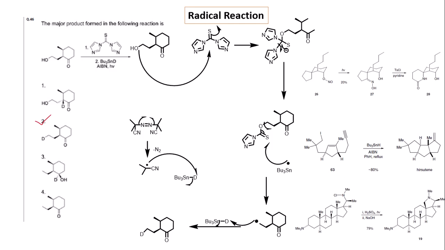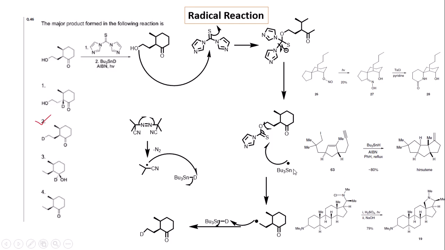Next is the radical reactions. In these radical reactions, different types of dehydroxylation take place, and here, in the presence of tributyltin deuteride and azobisisobutyronitrile. Azobisisobutyronitrile is used for the generation of radicals, and these radicals are created to incorporate the deuterium atom.